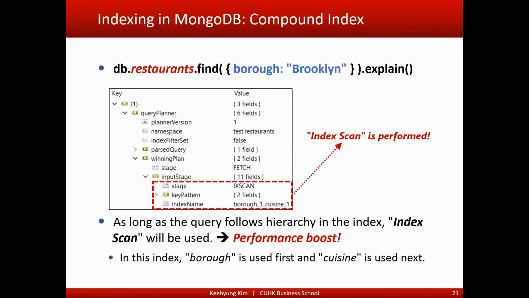If you add the explain function, it will tell you that an index scan is actually used and your query performance will be faster. So the point is this: when you have an index, as long as the query follows the hierarchy in the index, an index scan will be used and your query will be performed fast. That's the main thing.